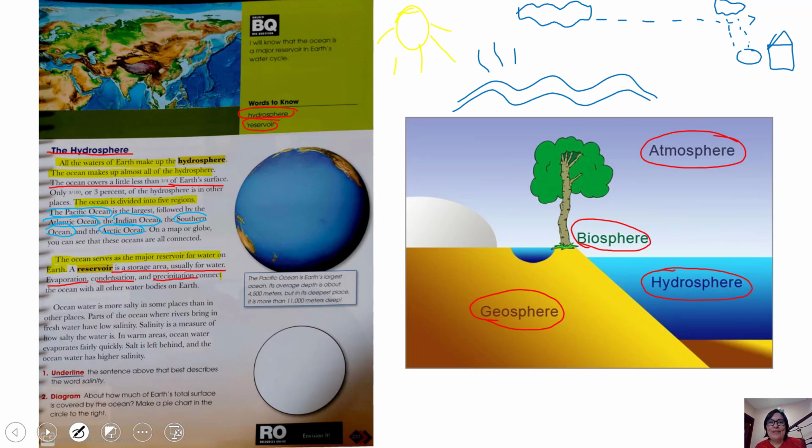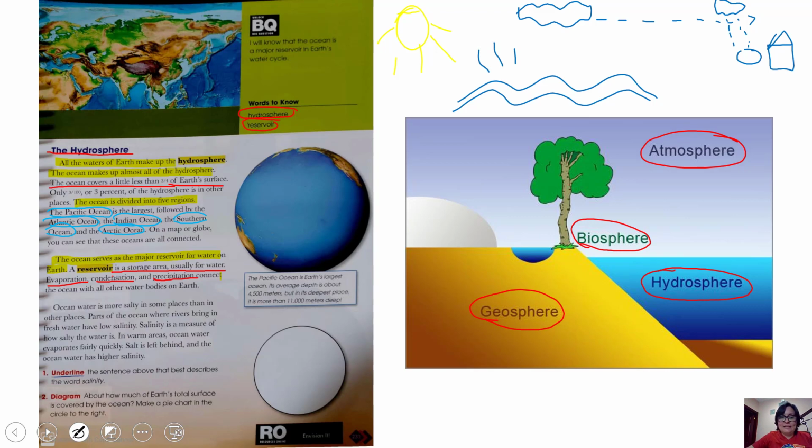Now guys, tell me, how is the ocean water? Fresh or salty? Salty, right? Because it has salt. So that is why some people do not like too much to go to beaches and to swim in the ocean because of the salty water. But let me tell you something, and I want you to underline this also.